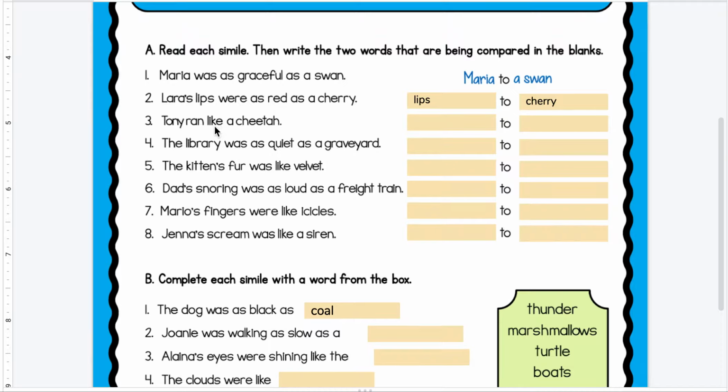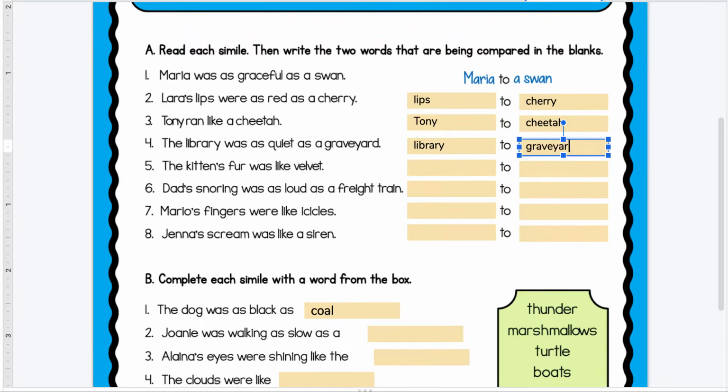What is the person, place, or thing? The library. What is the library being compared to? It is being compared to a graveyard because they're both eerily quiet, right? Graveyard.